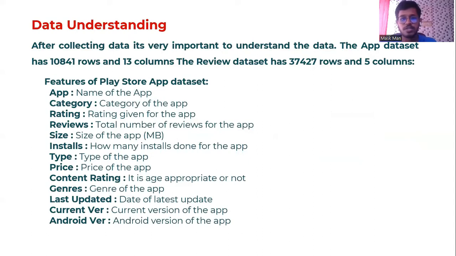When it comes to understanding the features of the Play Store app data set, App means the name of the app, and Category of the app, and the Rating given for a particular app, and Reviews, the total number of reviews for the app, and Size of the app, like 20 MB, 30 MB, and Installs, how many installs have been done for the particular app, and Type of the app, whether it is free or paid, and Price of the app for paid apps, and Content Rating, whether it is age appropriate or not, and Genres of the app, Last Updated, the date of the latest update, and Current Version, the current version of the app, and Android Version. So these are the features of the Play Store app data set.